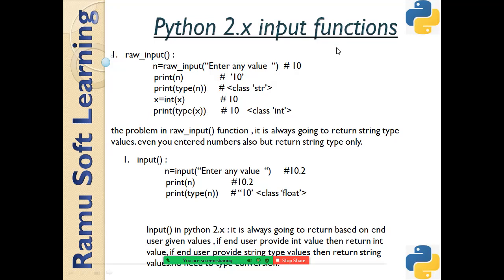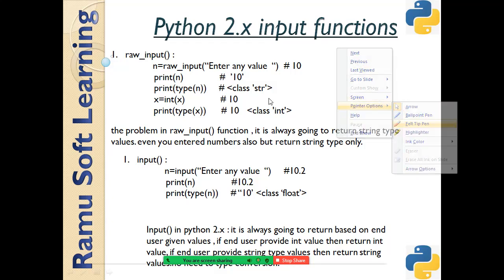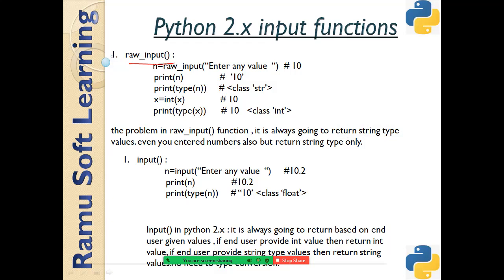What is raw_input? Generally, raw_input is a function in Python 2.6. So what does raw_input do? The raw_input function always returns string type only. Even if you enter a number, it returns a string value. Suppose I write one program: n equal to raw_input, enter any value.